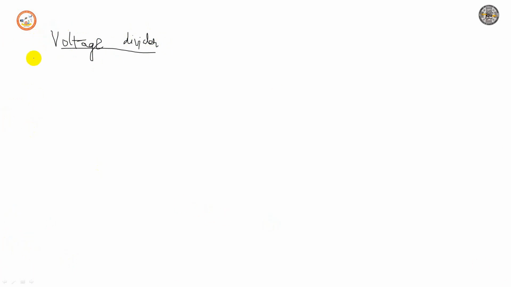So let us consider the electric circuit. Let us say I have one circuit here where I have the applied voltage as V and it is connected to two resistances, let me say R1 and R2. So this is R1 and this is R2. When the resistances are connected in series across the supply, the voltage across R1, as we have studied in series circuit, is V1 and this is V2.